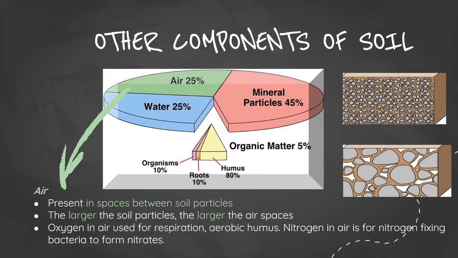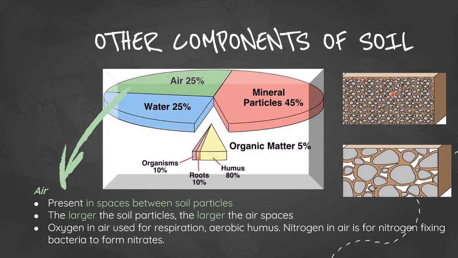The next component is air. Air is present in the spaces between the soil particles. The larger the soil particles, the larger the air spaces. And this is depicted over here. You can see that these larger particles have larger air spaces associated with them versus these smaller soil particles.